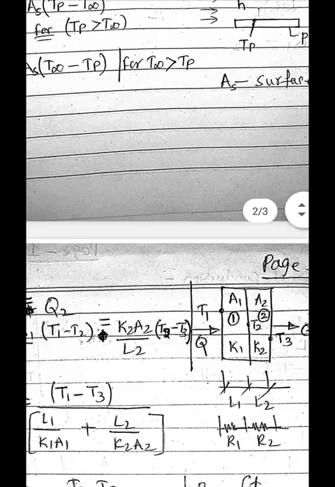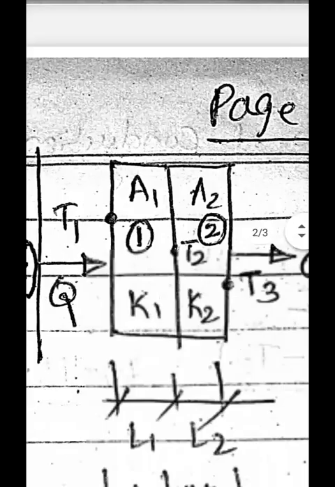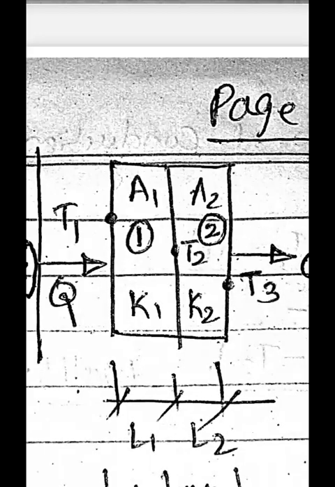Okay, if we consider the rate of heat transfer throughout the composite wall, considering this as a system, right? Entire system, both the walls together, right? So at that time, whatever the Q value you are seeing here, now I'm going to write the equation.